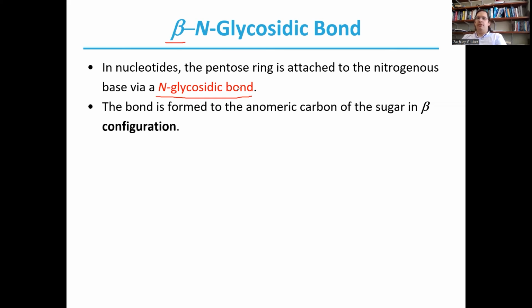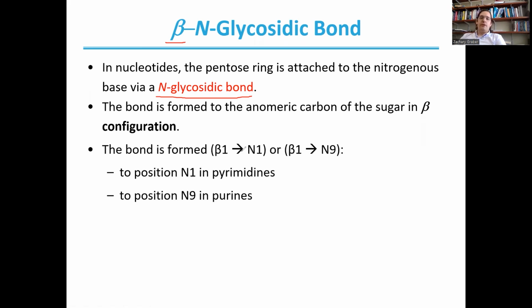So beta would be cis with respect to the terminal carbon of our sugar ring. Using the nomenclature for our glycosidic bonds, we would write this as beta 1, the first carbon in the beta orientation from our sugar, to either N1, the nitrogen at position 1 of our pyrimidine ring, or N9, the nitrogen at position 9 in our purine ring.